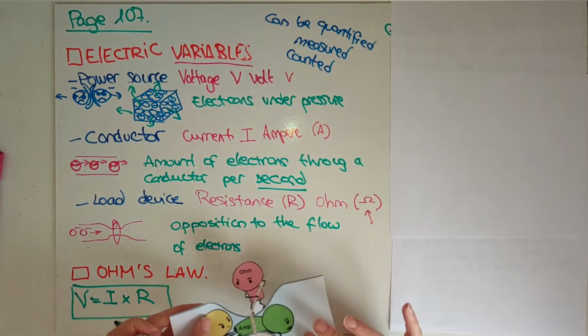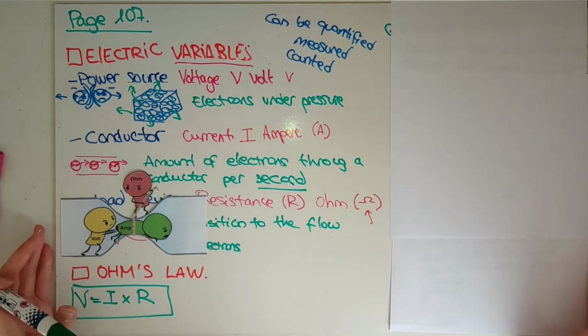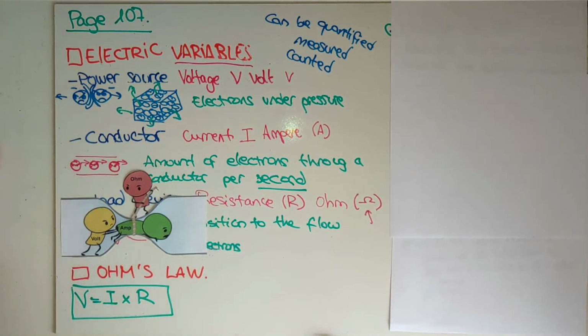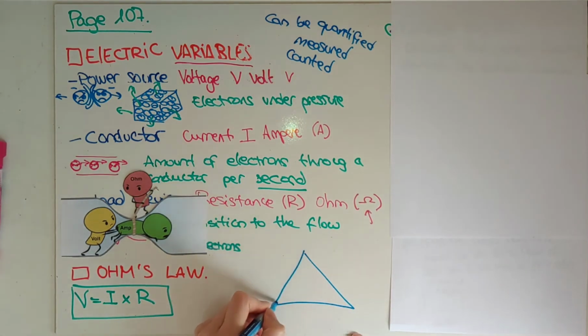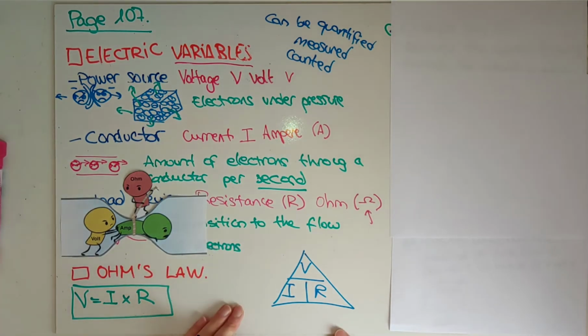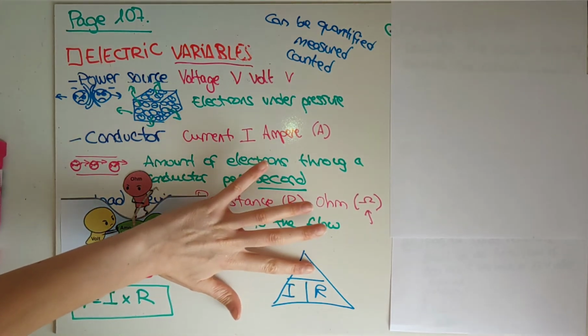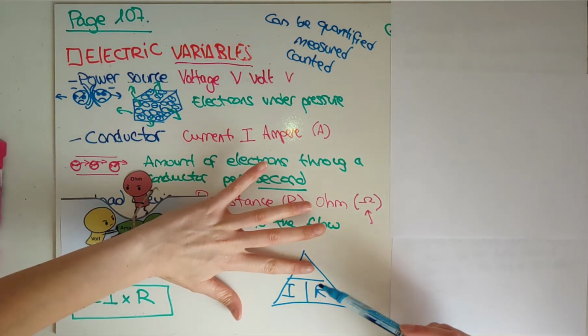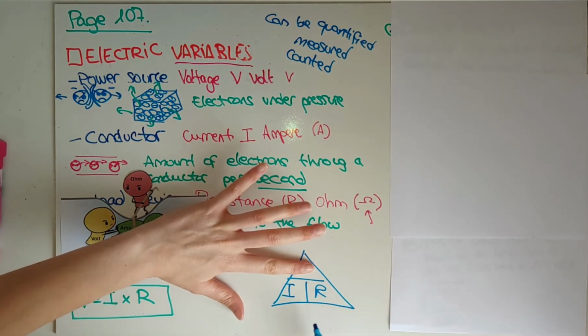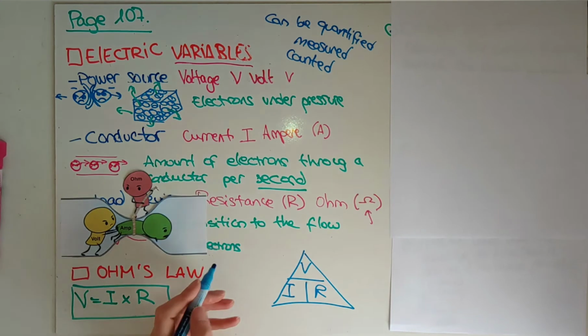To remember this formula more easily, we can use the triangle. If I want to get the value of the voltage of a circuit, I put my finger on the variable that I want to calculate and I get the formula, okay? Current multiplied by the resistance.